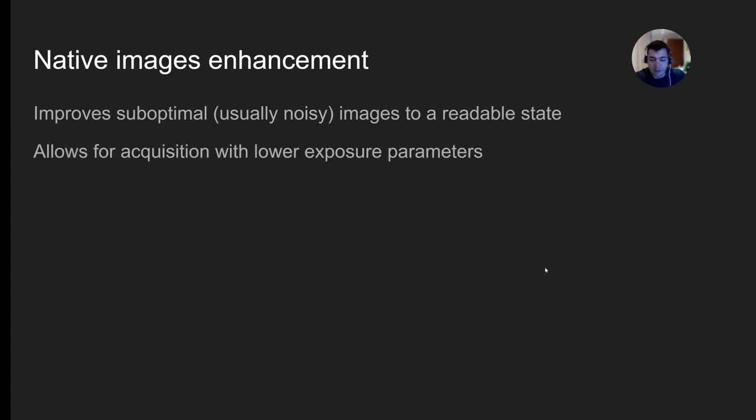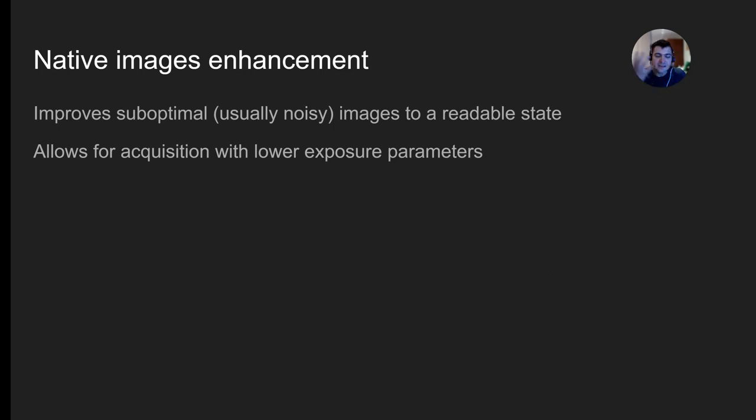Generally speaking, we're talking about noise. That's not the only thing that can happen. You can have motion, you can have artifact, you have lots of things, but noise is a very common thing. Noise usually means that you can't see things very well because, well, there's a lot of noise on the image. And that oftentimes is caused by suboptimal radiation exposure or suboptimal time that the patient was in the scanner or something of that nature.